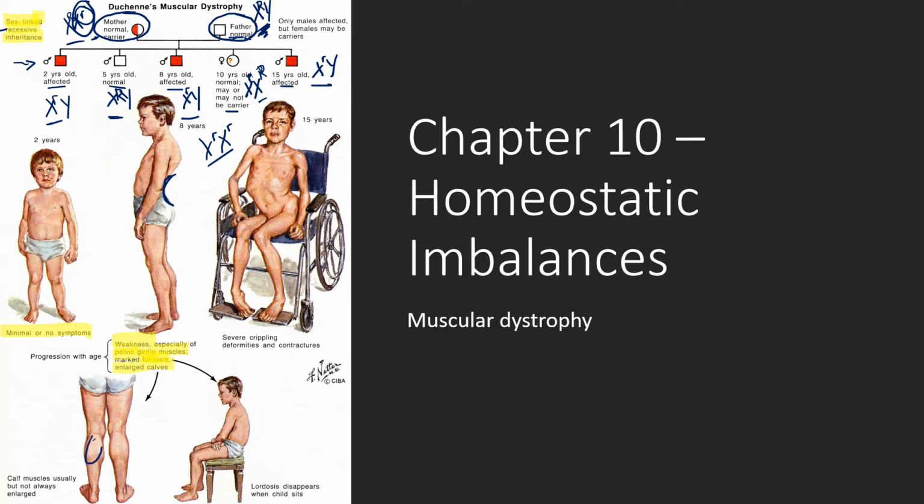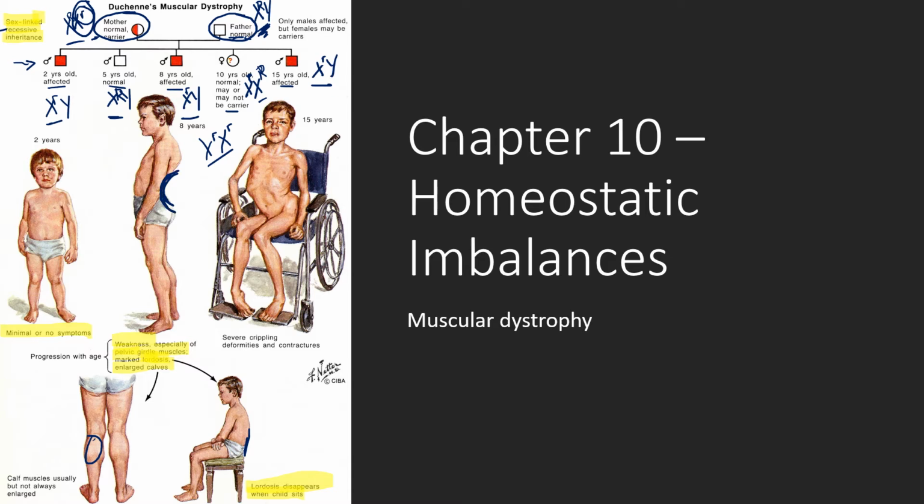Sometimes they're a little bit larger than normal, but not always. And the interesting thing too is that the lordosis almost always disappears or appears to disappear when the child sits down. So you don't see that curvature in the back there. You see it's normal. But when they stand, you see this big curvature in the lower back.